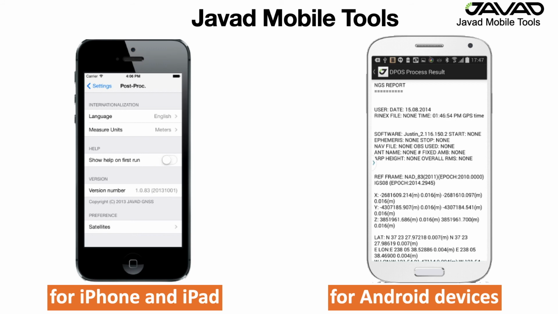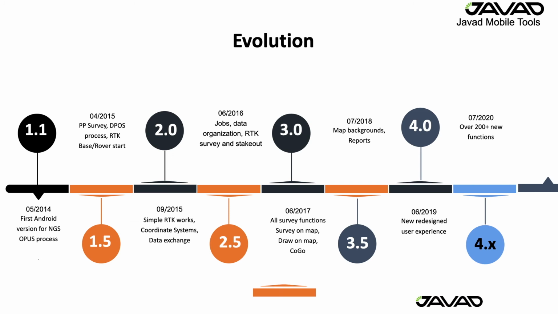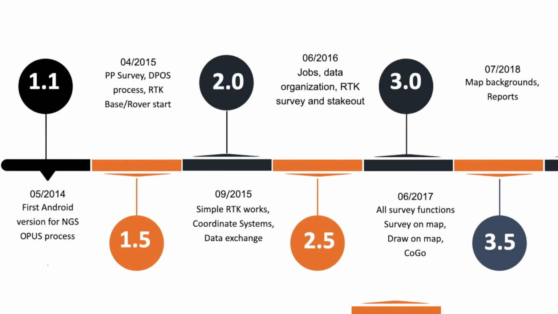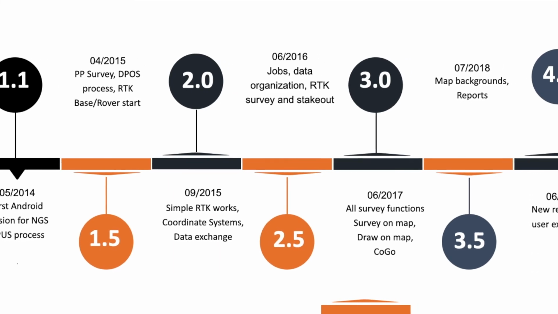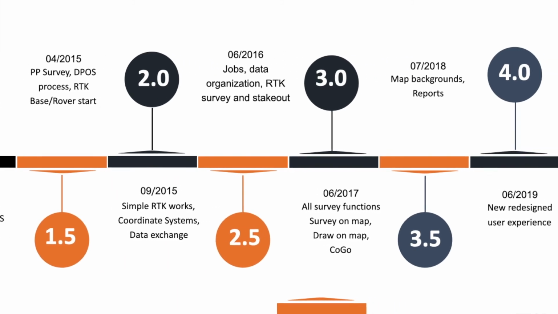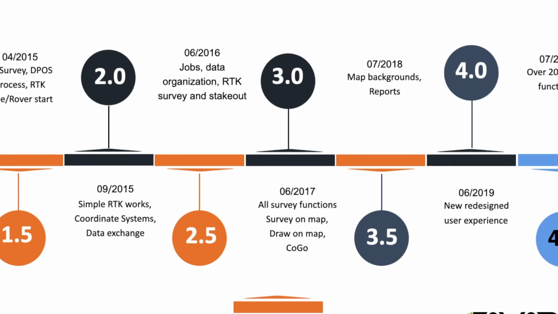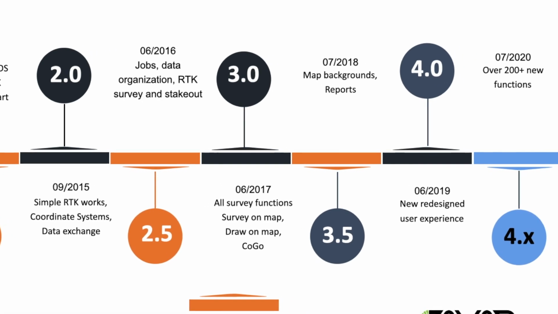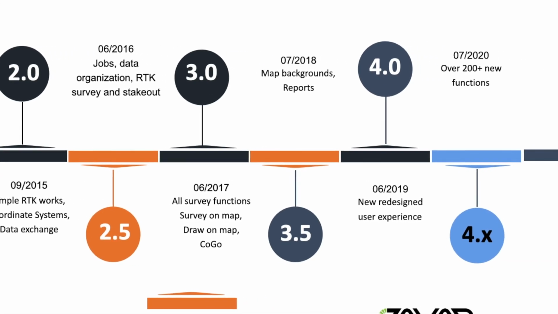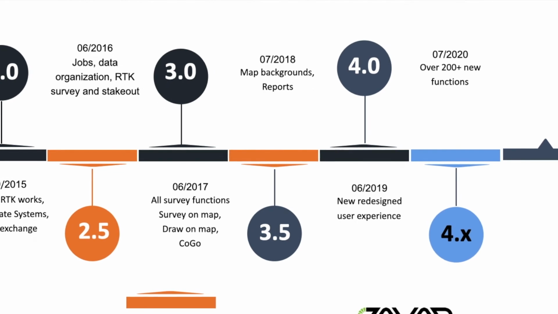And there are several differences in support of connection. Over the several years of development, so many functions were added to JAVAD Mobile Tools. Now it includes post-processing, data collection, RTK survey and stakeout, configuration of receivers and radios, different background maps and coordinate system support, COGO functions, and support of all JAVAD equipment.